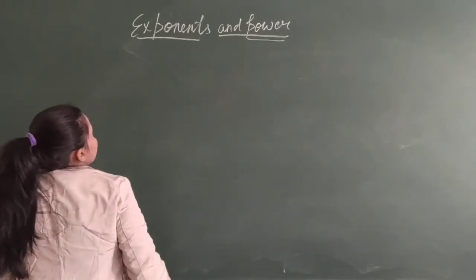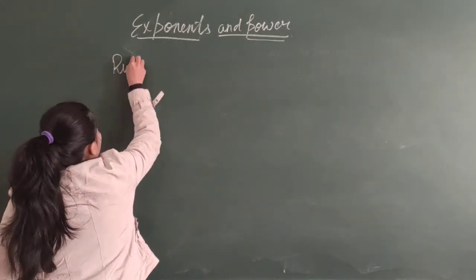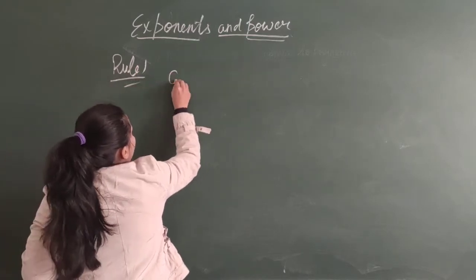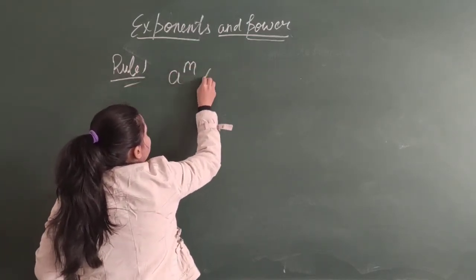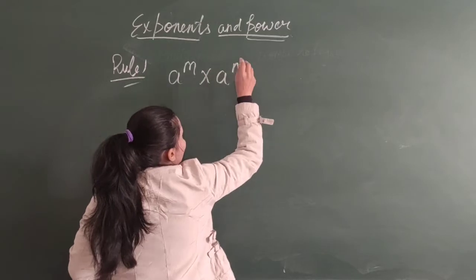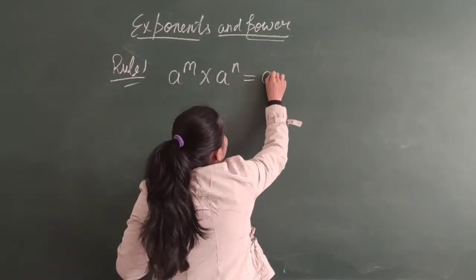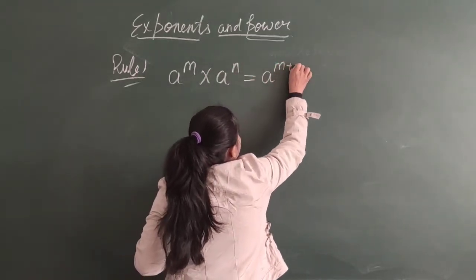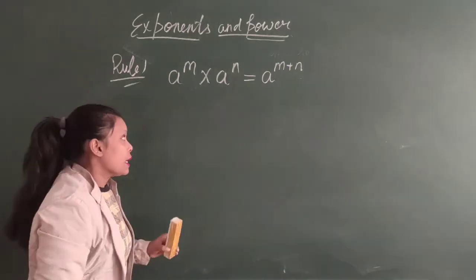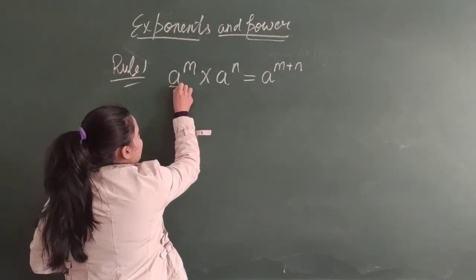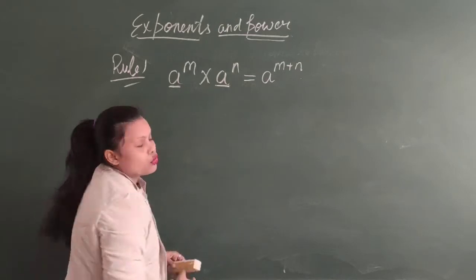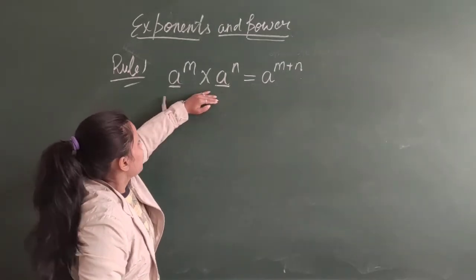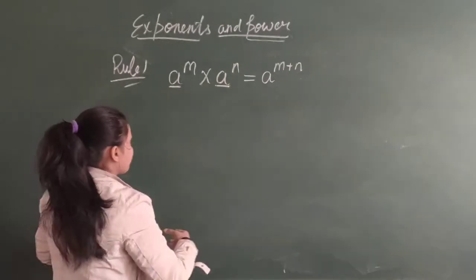So the first rule. Rule 1 is a to the power m multiply a to the power n will be equal to a to the power m plus n. What it means is, if the base value of two numbers is the same.